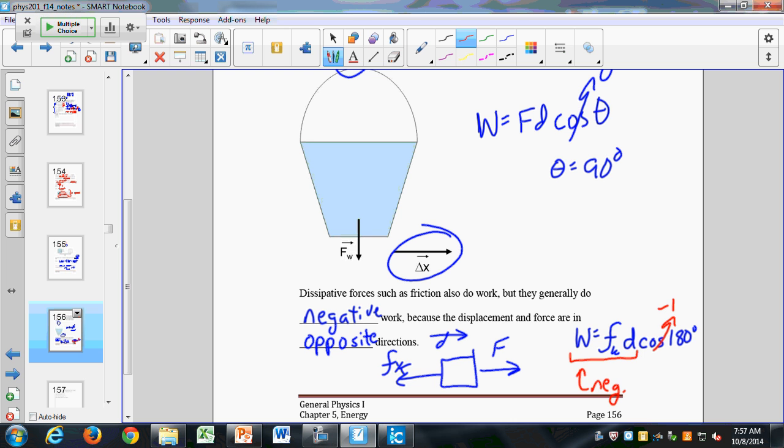So anytime you have a frictional force, if it opposes the direction of motion, it's going to cause the object to lose energy or slow down, right? So a negative here, when we're talking about work, means that you're taking away energy. So work is a scalar quantity, and a negative work means that you're taking away energy. Let me write that. It's a pretty important point. Work is a scalar quantity.